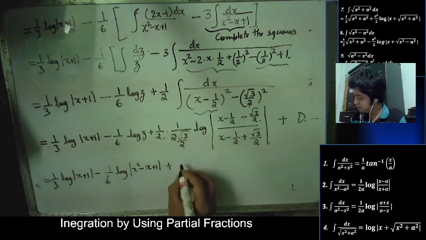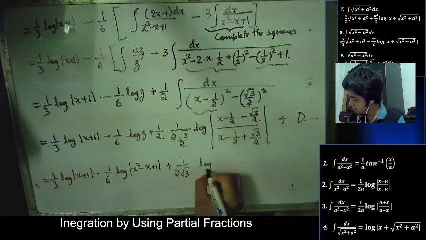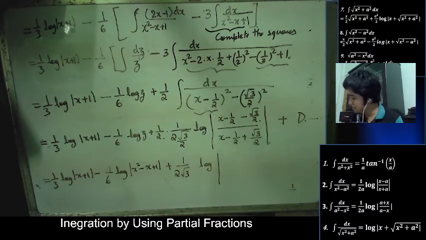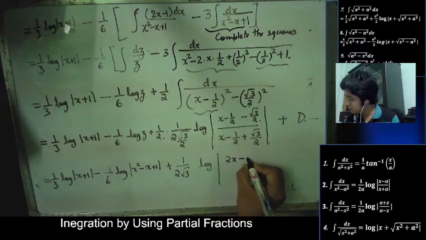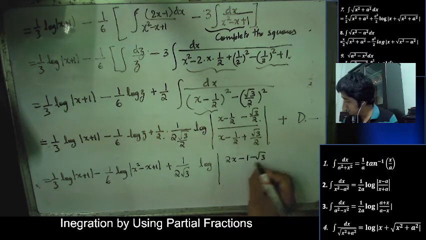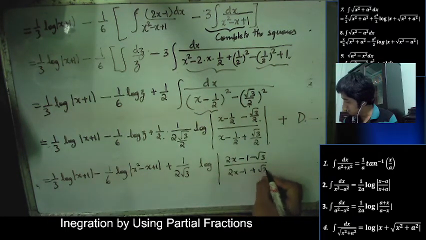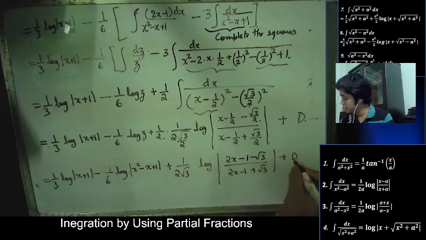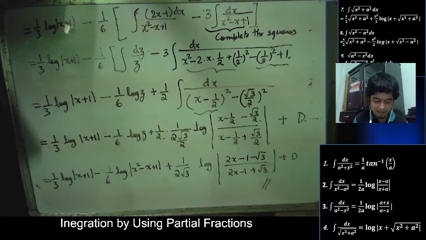Over here we'll be having 1 by 2 root 3 log. We can do some simplification: 2x minus 1 minus root 3 upon 2x minus 1 plus root 3 plus d. Okay, so no more integration sign, so that is why this one will be the answer.